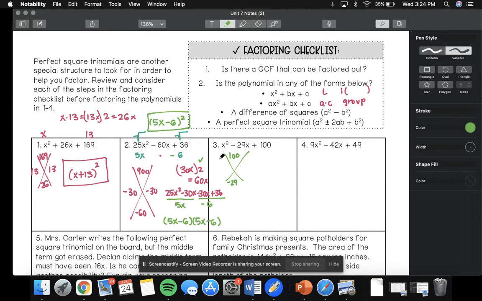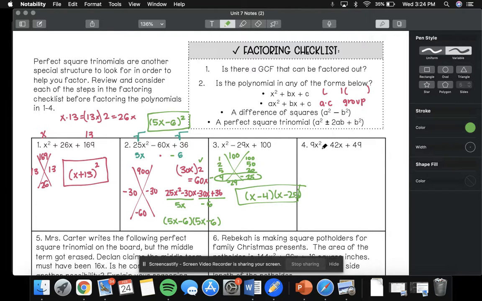Okay, so 100 is 1 and 100, 2 and 50, 5 and 20, 25 and 4. Okay, so I think it'll be negative 25 and negative 4. Now again, these have nothing to do with each other, so it's just x minus 4 and x minus 25.